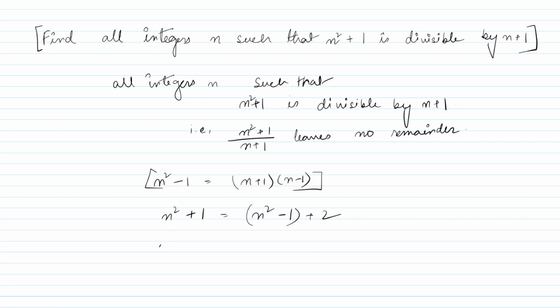So it comes to n squared plus 1 equals (n plus 1)(n minus 1) plus 2, right? So after substitution we are getting this.